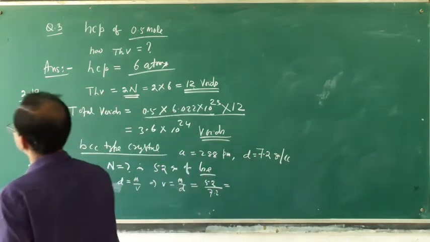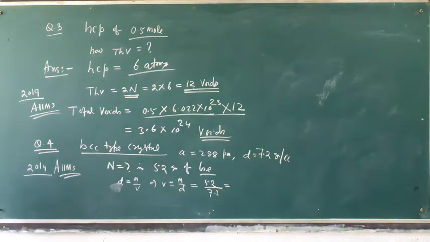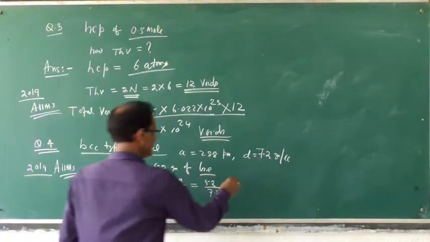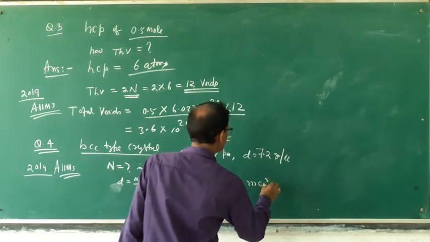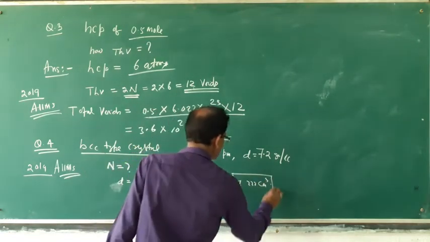Then what is the volume? The volume result is 7.22 centimeter cube. This is the volume.